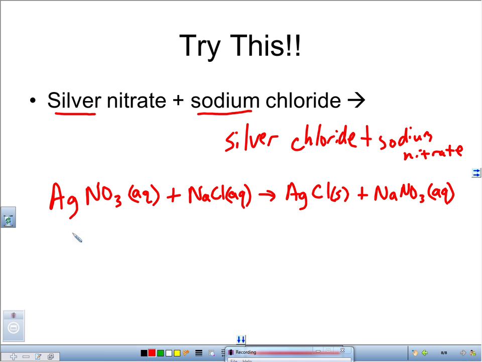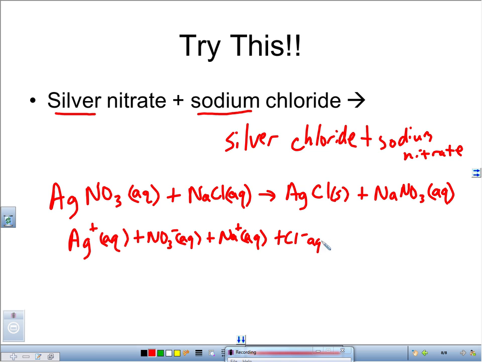So my overall ionic equation would be Ag+ (aq), plus NO3- (aq), plus Na+ (aq), plus Cl- (aq), making AgCl.